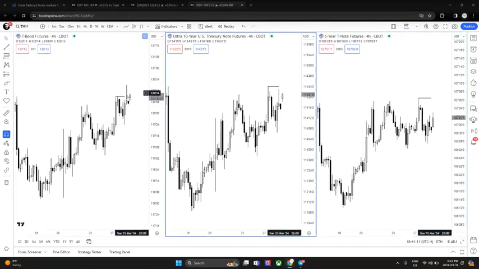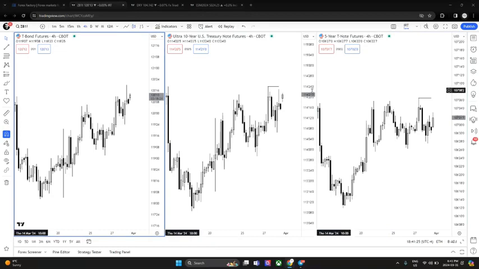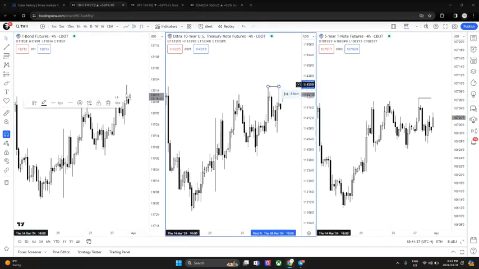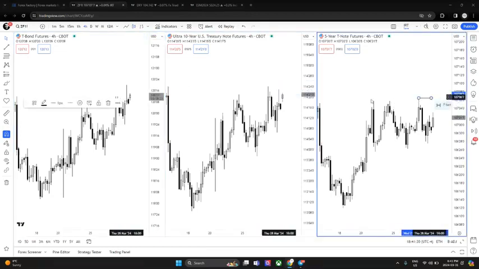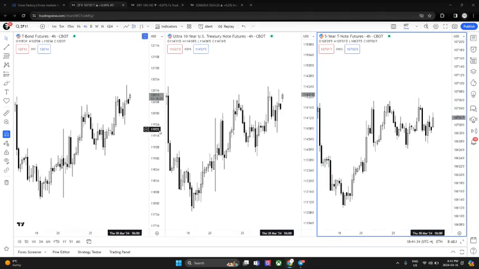So usually I look at the T-bonds futures, the 10-year notes, and the 5-year notes. Usually I'm looking at these three, comparing them to each other.